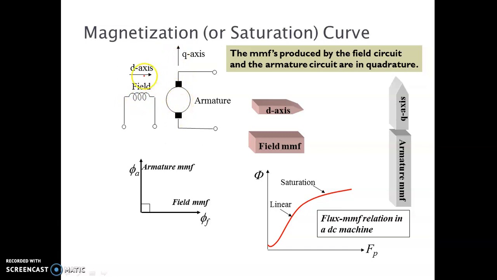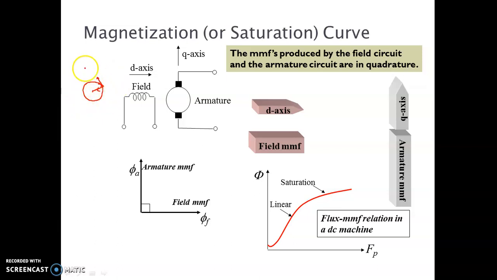Suppose it is separately excited, and this axis is called your Q axis, meaning the armature field is along this axis. From the fundamental concept of mechanics, once a force is acting at 90 degrees, like centripetal force, it moves in a circle.